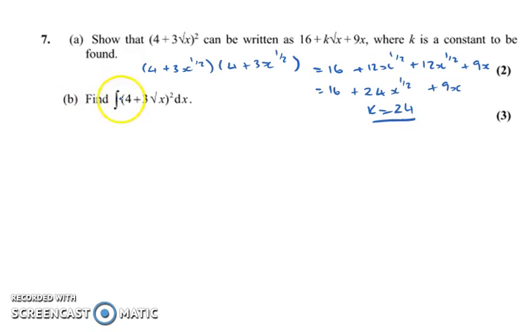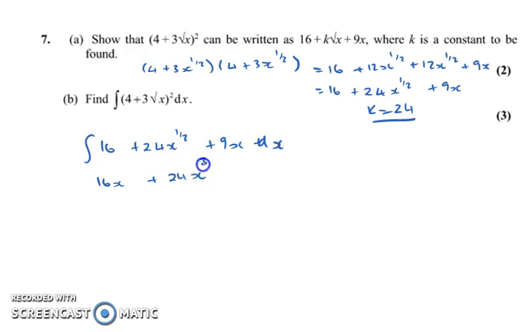Then part B says go ahead then and integrate it. So we were already given the rough idea. We're going to integrate 16, add 24x to the half, add 9x with respect to x. And we get 16x, add 24x.